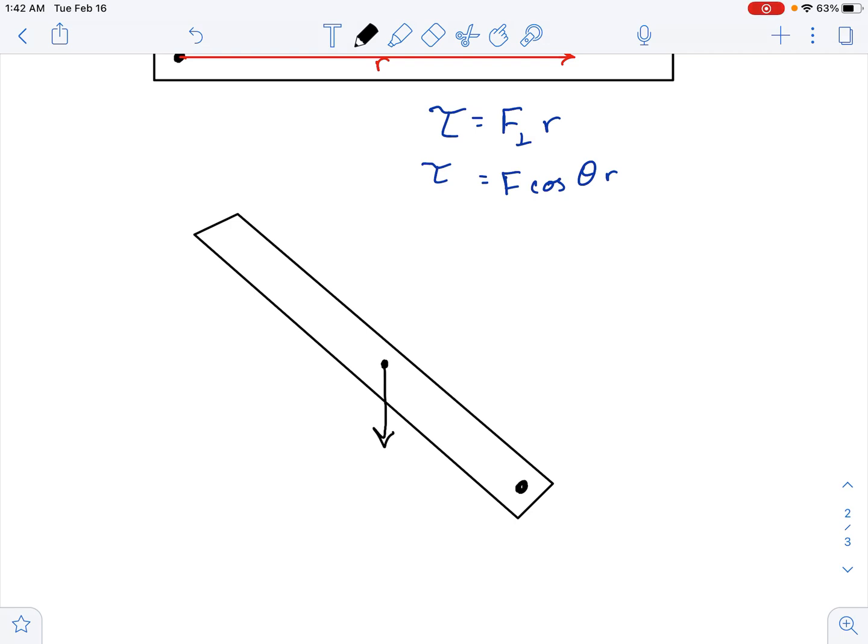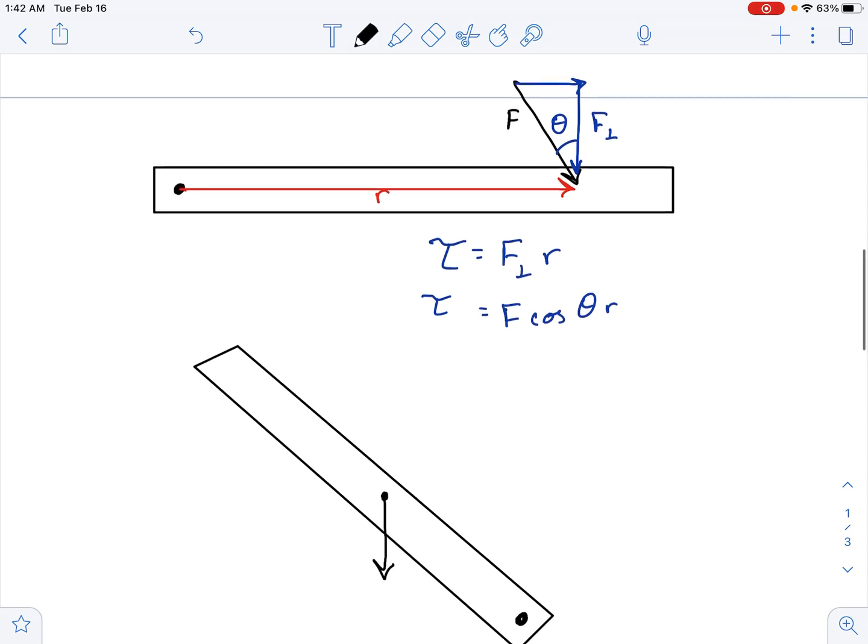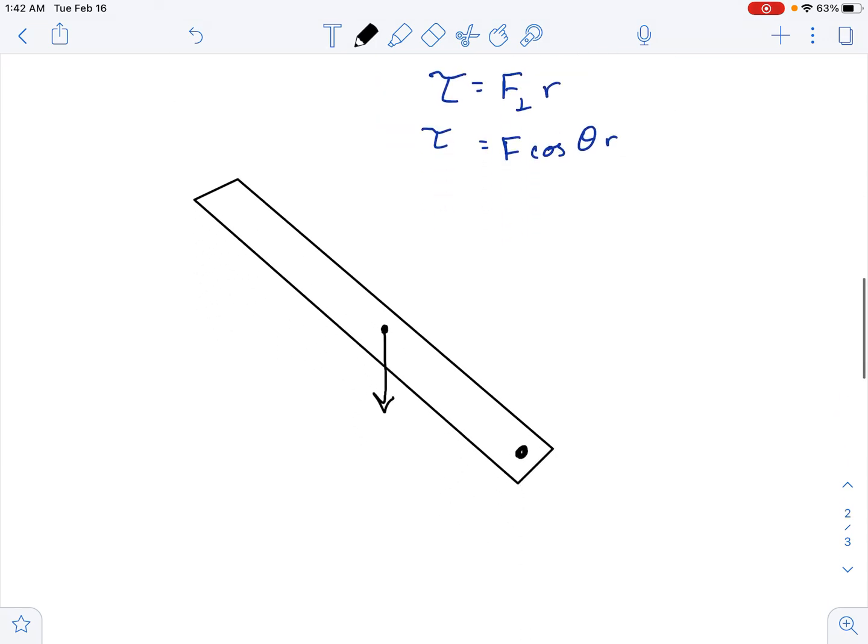Now, what I can do in this situation, if up on the top I use the entire radius and the perpendicular component of the force, in this case I can use the entire force. Right, this is my R, but what I can do is extend my force down.